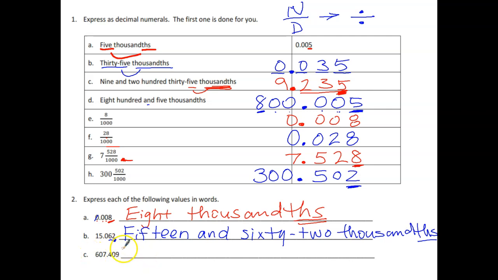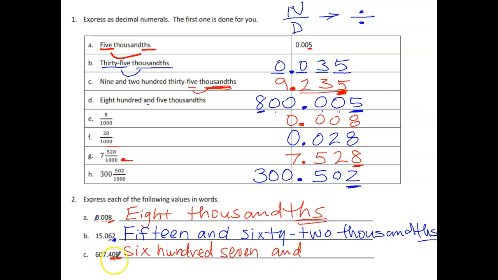So we know 6 in the hundreds place is going to be simply 600. 600 what? 607, because we have 7 ones. The decimal says "and." Now we're going to say the whole number after the decimal. Now remember, this is part of a whole, but we're going to say it like it's a whole.